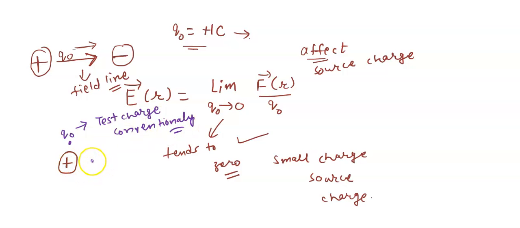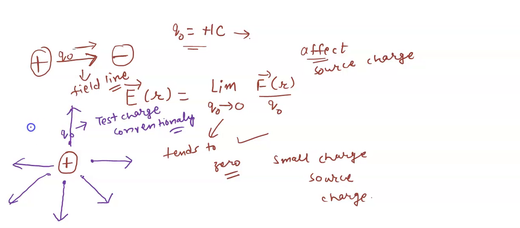So what will happen? This positive charge will repel the positive test charge like this. If the test charge is kept here, it will repel it like this. If it is kept here, it will repel it like this. Am I clear? So you can get the idea about the diagram of the electric field lines around a positive charge.